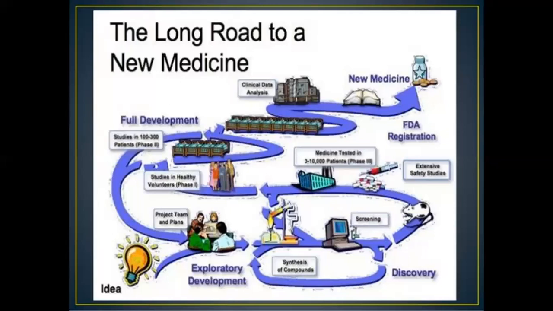The road is very long to get a new medicine, but if we follow the ethical principles and the GCP guidelines, I think we can reach the goal. Thank you. Over to my professor, my mentor, Professor Shantanu Tripathi, sir.